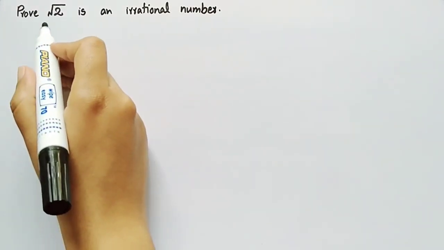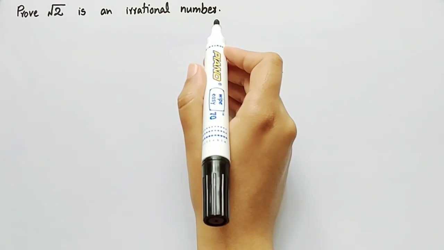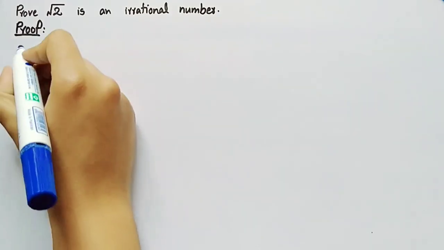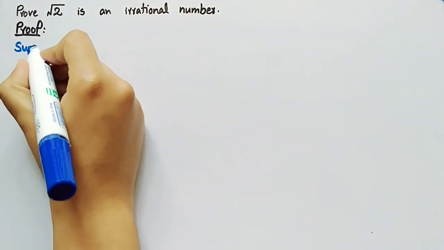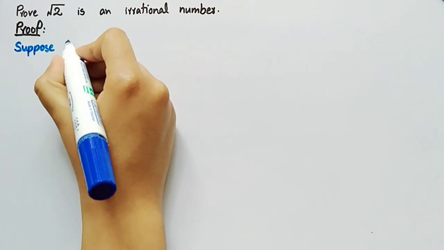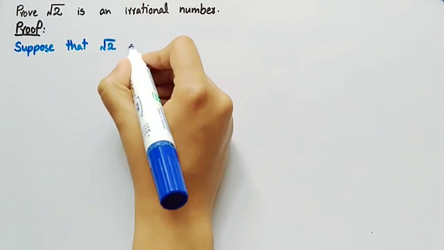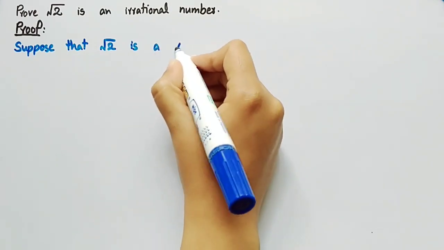In this video, we will prove that square root 2 is an irrational number. Now coming towards its proof, suppose that square root 2 is a rational number.